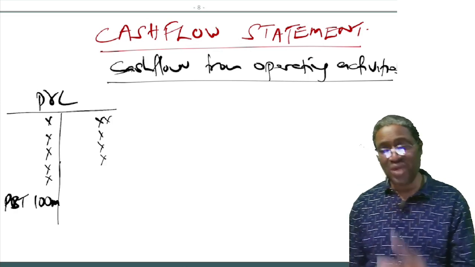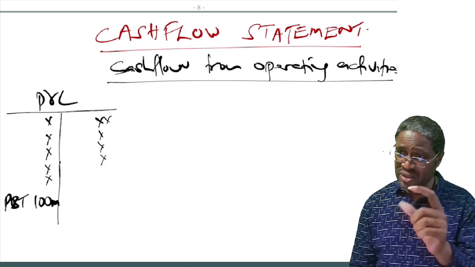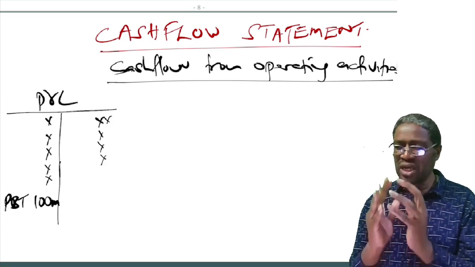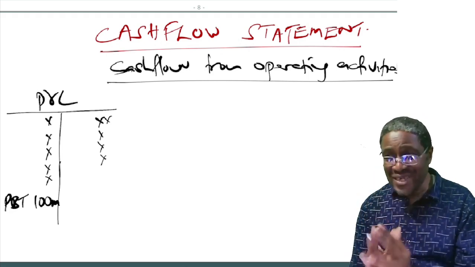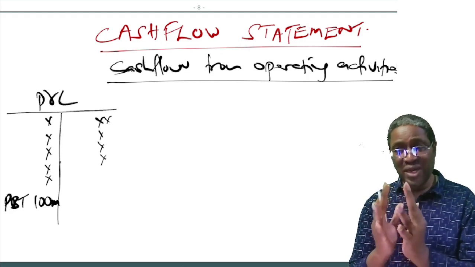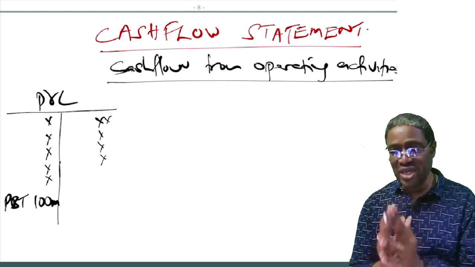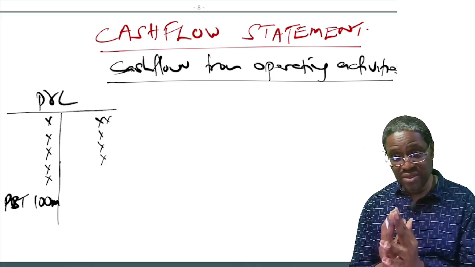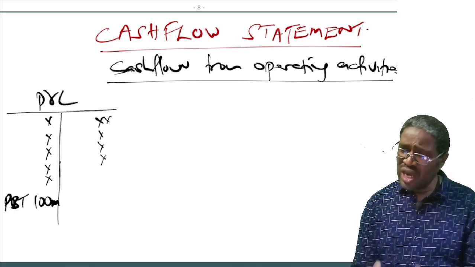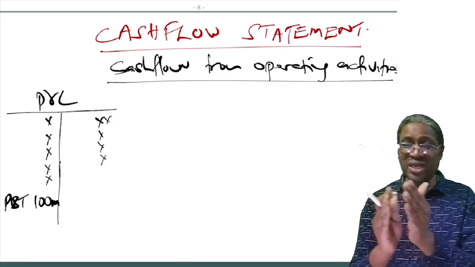Now listen carefully, we are looking for the net cash flow from operating activities. I have said operating activities are those transactions that are used in the determination of profit. Having got this 100 million, I've compared the incomes and the expenses.